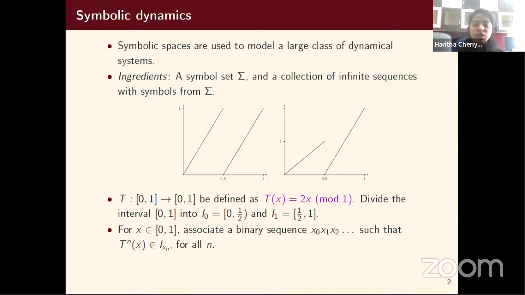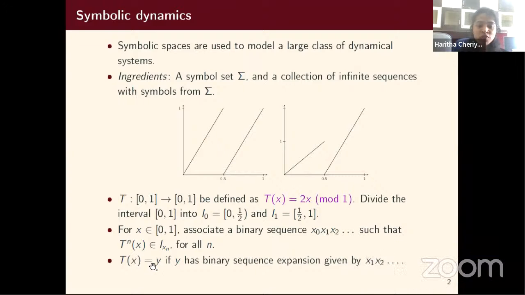In this way, you get a one-to-one correspondence between binary sequences and the points of [0,1]. It turns out that for this particular map, it's the usual binary expansion of the points. And also, if y is the image of x under T, then y will have a binary expansion given by omitting the first entry of the expansion of x.